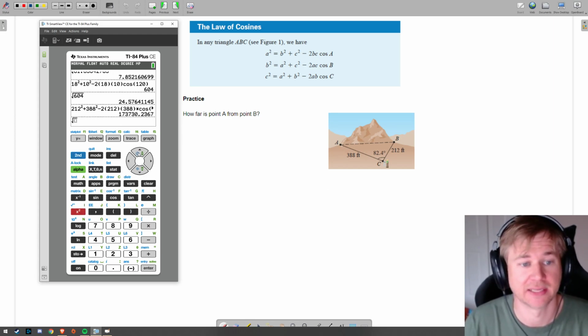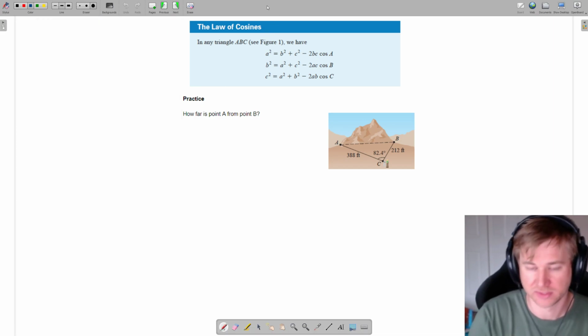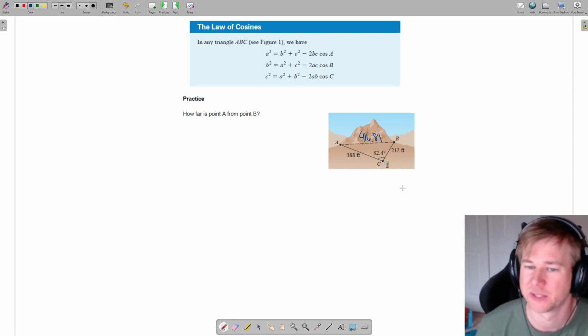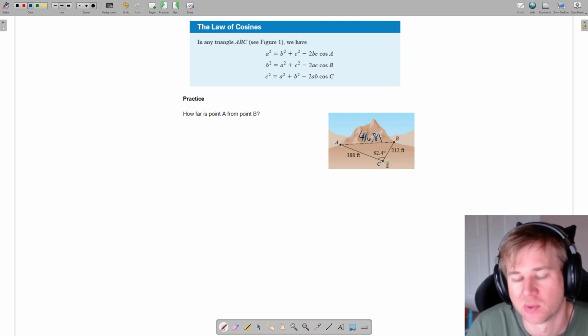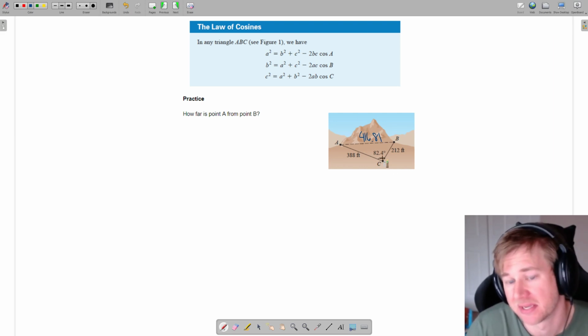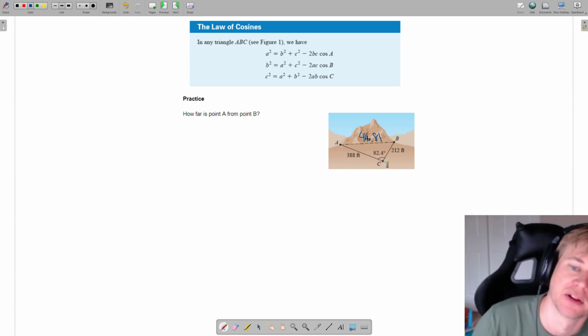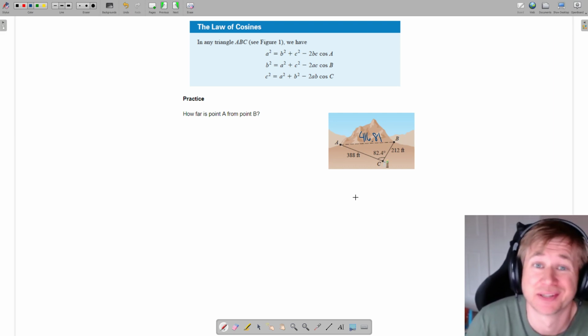Square root that, and you get 416.81. The only thing I'm really going to do is see if that seems reasonable. 416.81 is the biggest side, and it has to be opposite the biggest angle, right? You've got about 100 degrees between them, so yeah, 416.81. There's not a whole lot else you can do to check it.